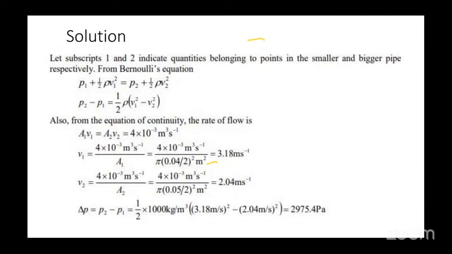So after we've gotten V1, V2, we now substitute that value into the Venturi equation, Bernoulli's equation abbreviated for Venturi pipe. So when we substitute, simplify, we have 2975.4 Pascal.